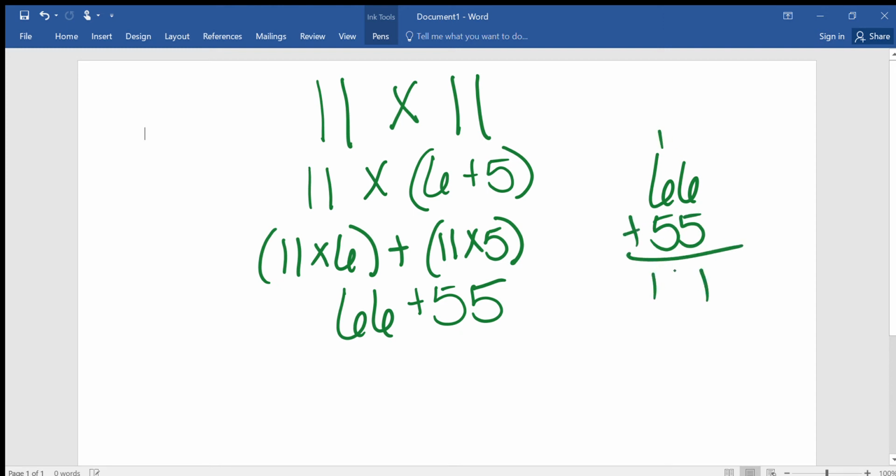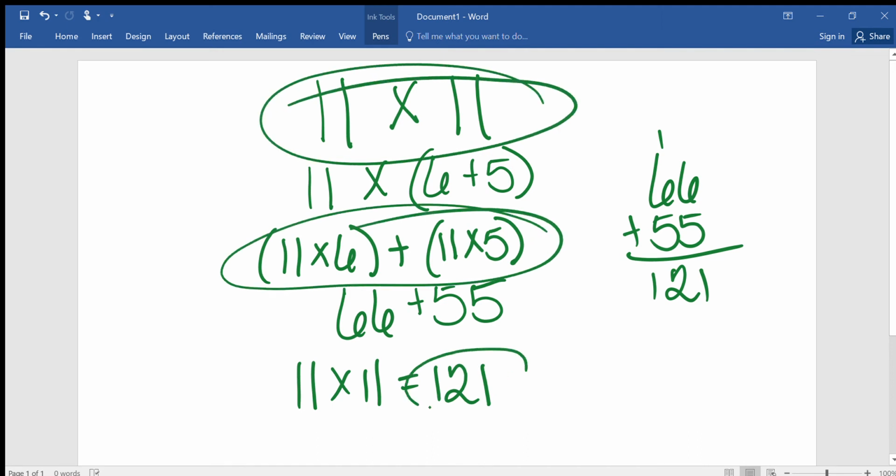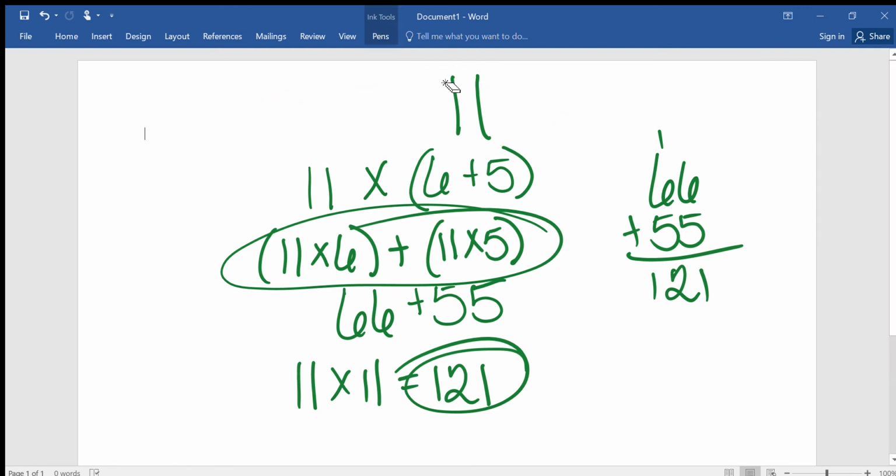So 11 times 11 equals 121. Took 11 times 11, made 2 smaller multiplication problems, and found the total of 121. Go ahead and erase.